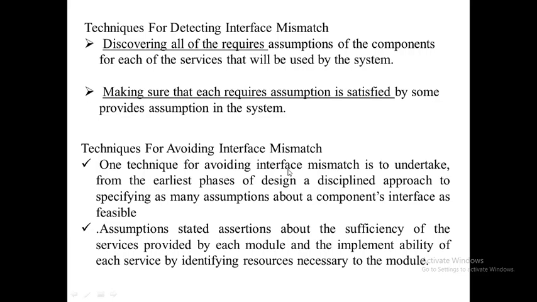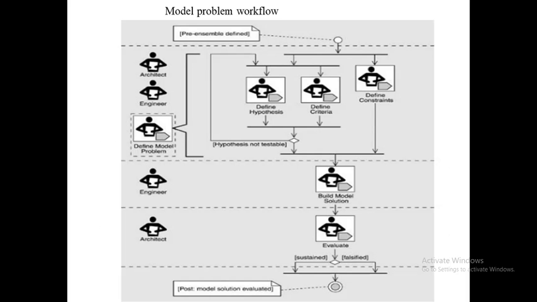One technique for avoiding interface mismatch is to undertake, from the earlier phase of design, a disciplined approach to specifying as many assumptions about component interfaces as feasible. Assumptions state assertions about the sufficiency of the service provided by each module and the implementability of each service by identifying resources as necessary to the module.